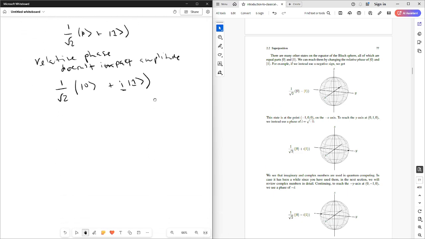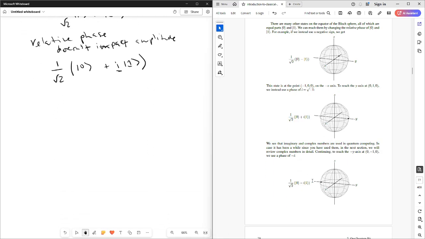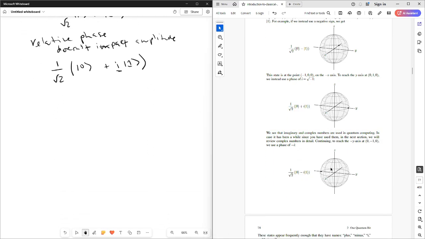So obviously the use of imaginary numbers is going to continue. So that gets us to the positive y-axis. If we wanted to get to the negative, we would just do this, but with a minus i.